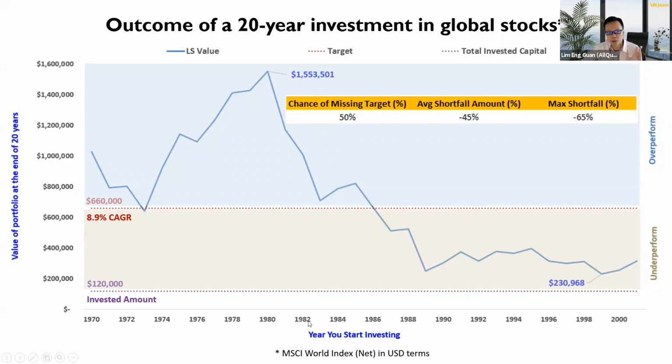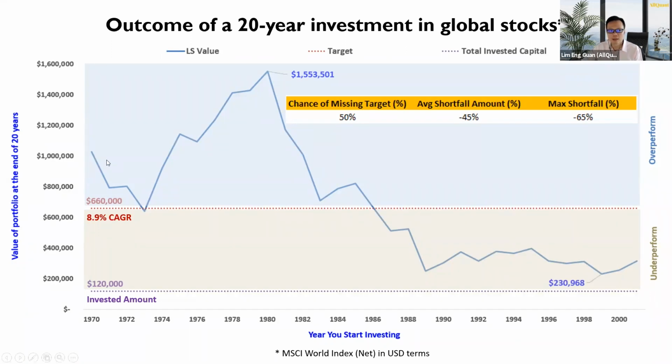Your target is to grow this portfolio to a value of $660,000, which works out to be about 8.9% per year. Why do I pick this target? Because that is approximately the average yearly performance of the global stock markets between 1970 and 2020, so over this 50-year period.